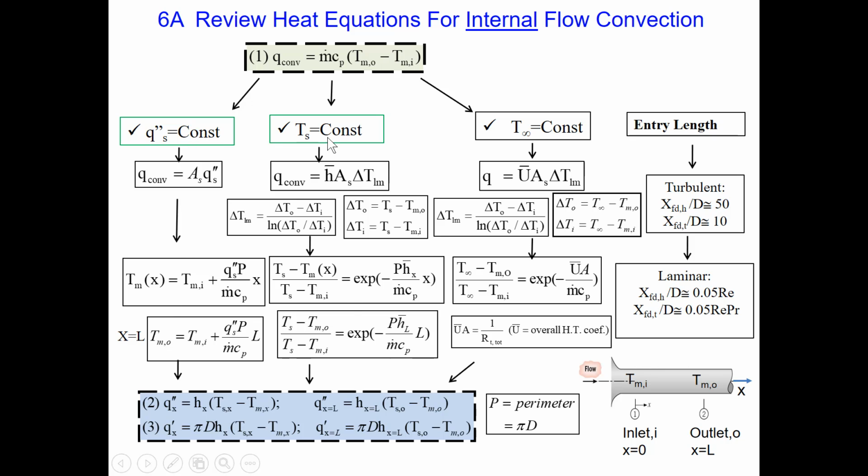Category number 2, the heat equation will depend upon the thermal boundary conditions. Comparatively, students are familiar with equation 1, 2, and 3 because they have been using them for a while.